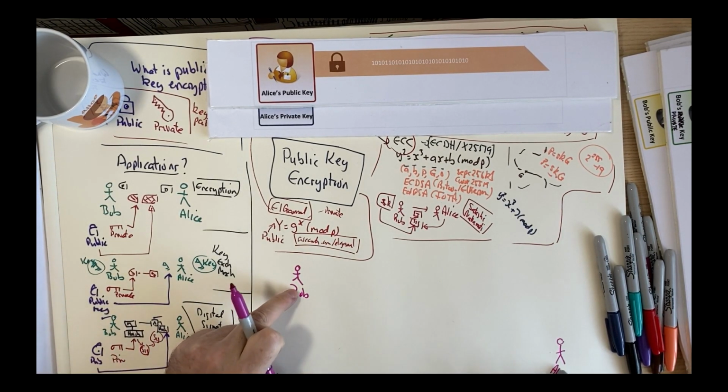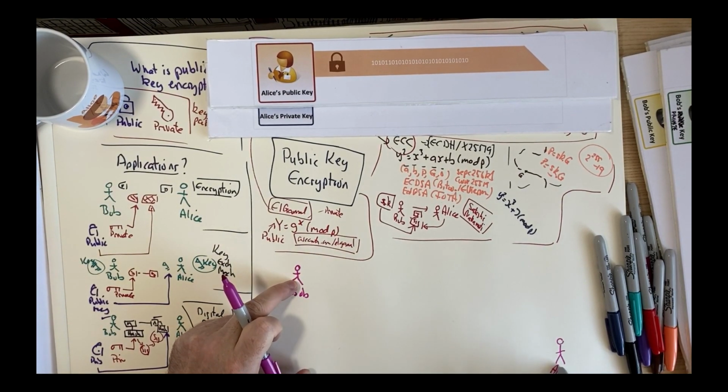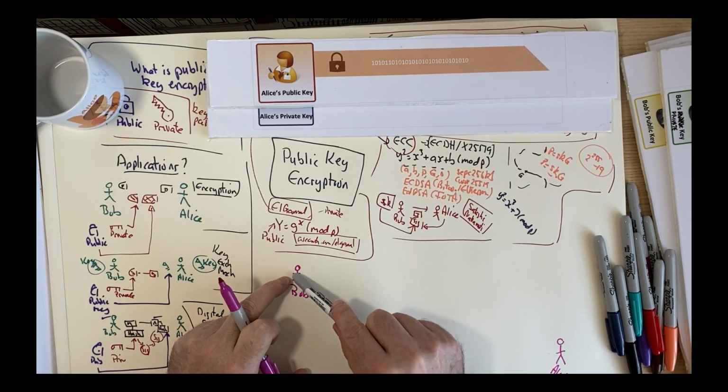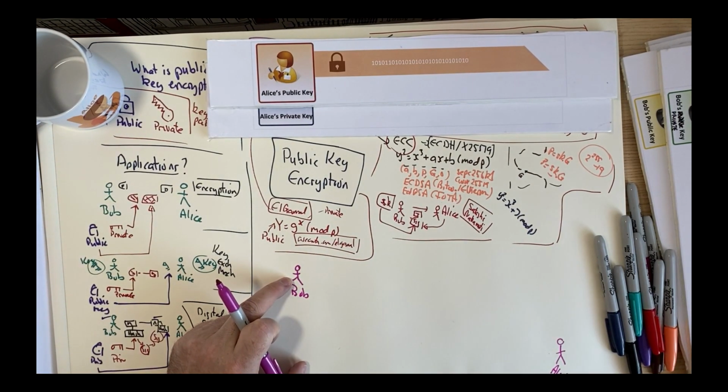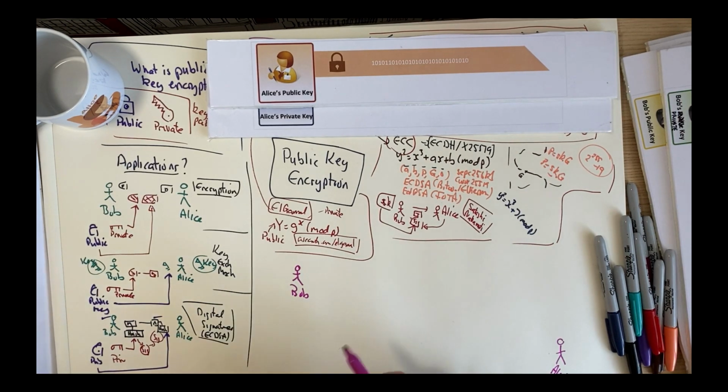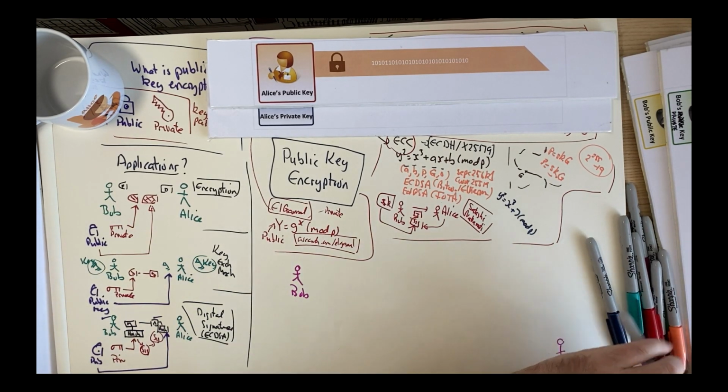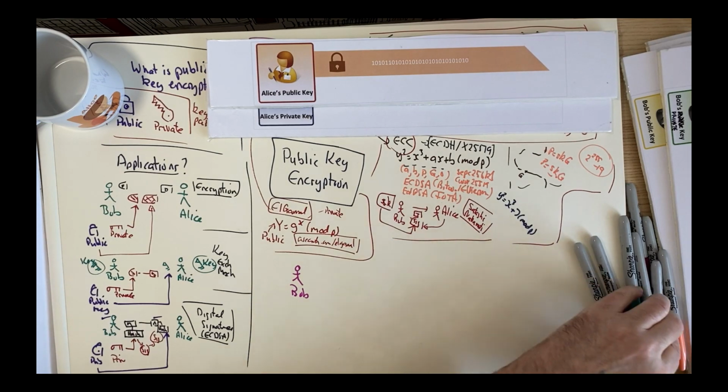And what we need to do is to get a message from Bob to Alice, which has been signed by Bob and also is secure. Along with this, we want to make sure there's some integrity so that Alice can tell that the message hasn't been changed along the way. Okay, so let's see how we can do this.